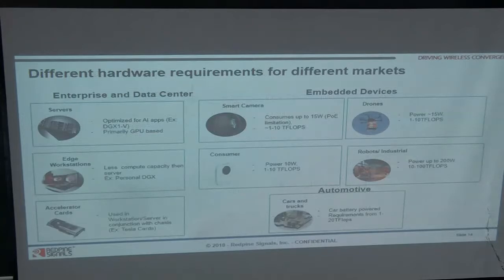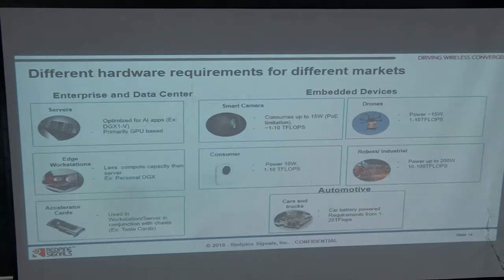However, from an AI application point of view, there are different needs for different applications. And so roughly, you can segment an AI application in two parts. One part is the enterprise and data center, where you are dealing with a tremendous volume of data, a lot of audio, video, image, text, stored data, and you can go into terabytes or even petabytes.